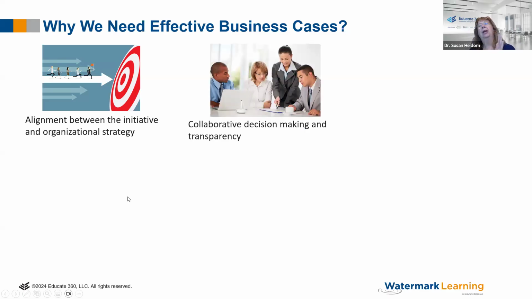Certainly it helps in collaborative decision making and transparency, because you have everything documented, and people can see, okay, what is the business case? How did you get there? What does it cover? We'll talk about what's in scope and out of scope and all the things that are in a business case. Oftentimes, a business case is best if it's created collaboratively with people, so that they can go, yeah, that makes sense.